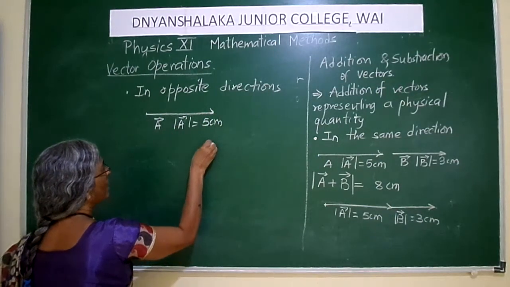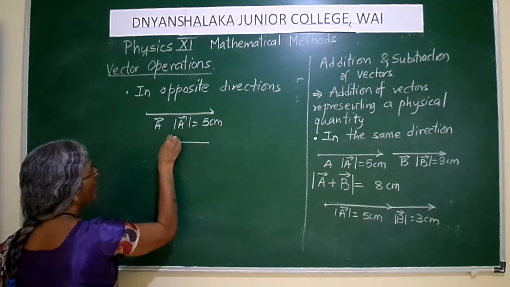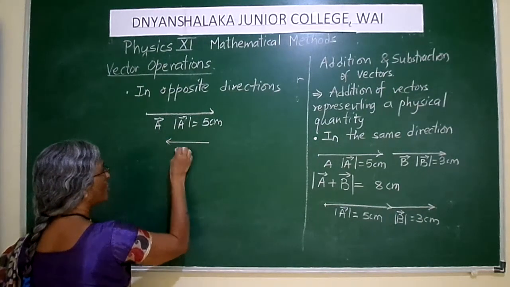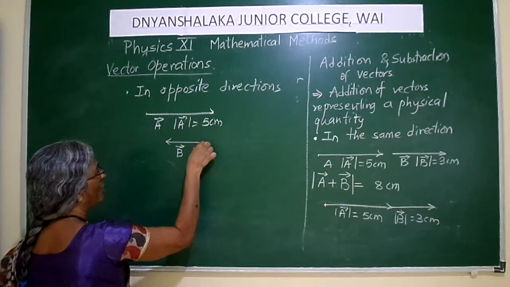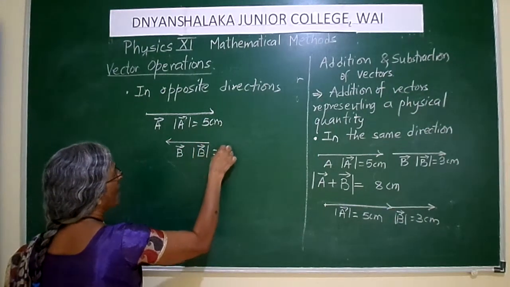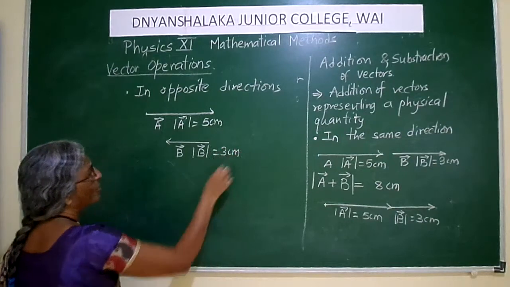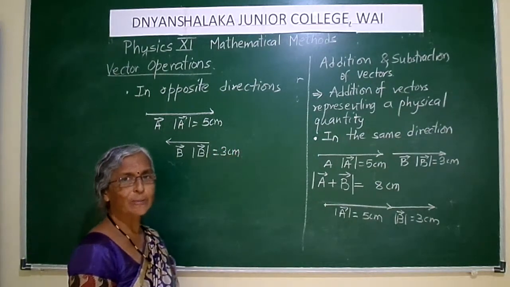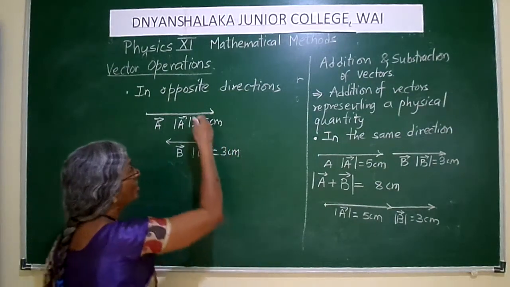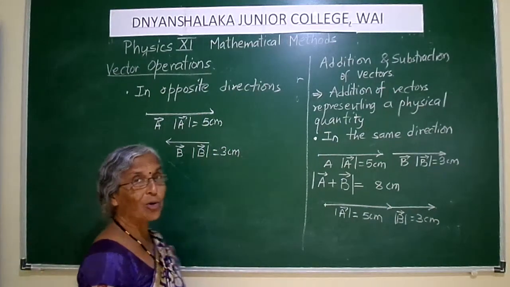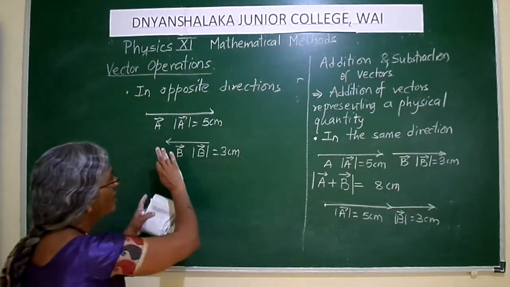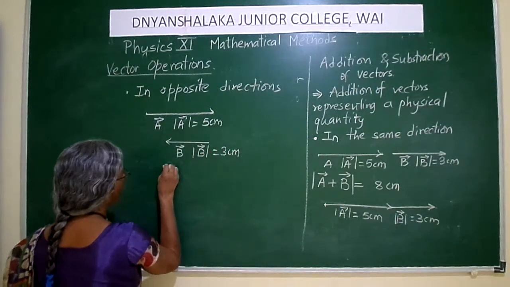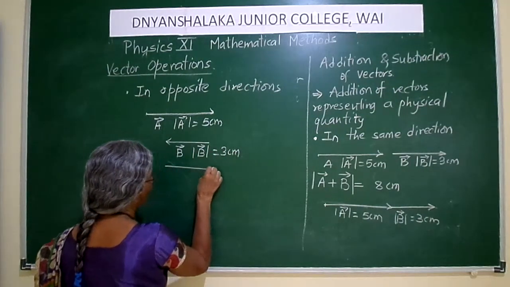Now I am taking vector B. But the direction of vector B is exactly opposite to the direction of vector A, and this vector B is of 3 centimeters. अब यदि मुझे दोनों वेक्टर्स को ऐड करना हो तो दोनों के डायरेक्शन को सेम करना चाहिए. तो मैं क्या कर रही हूँ? इस वेक्टर को उल्टा कर रही हूँ. So let me have this vector in this direction now.